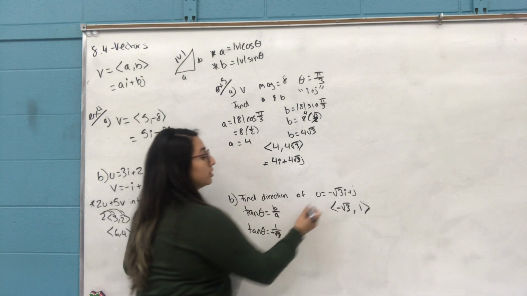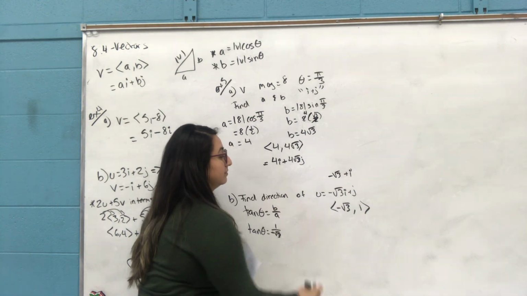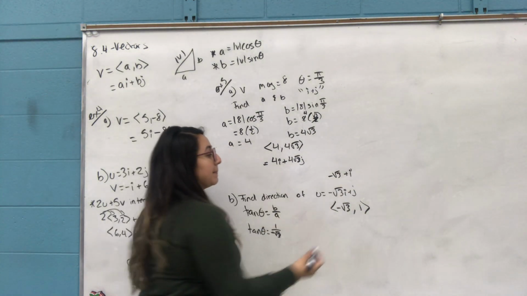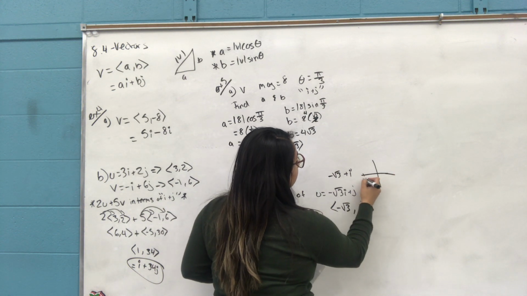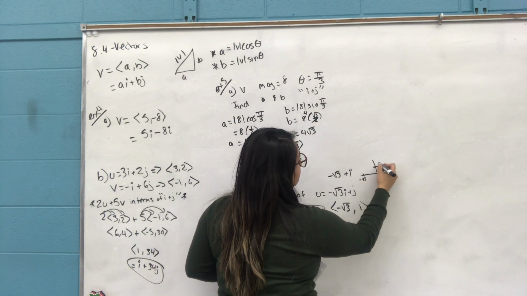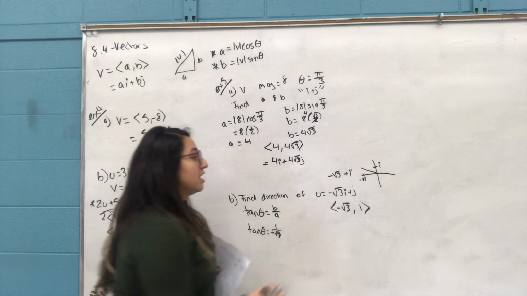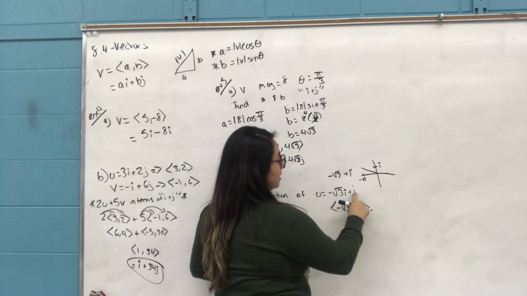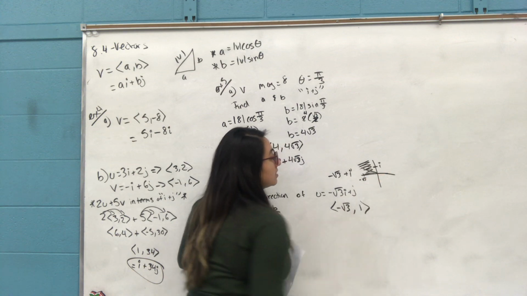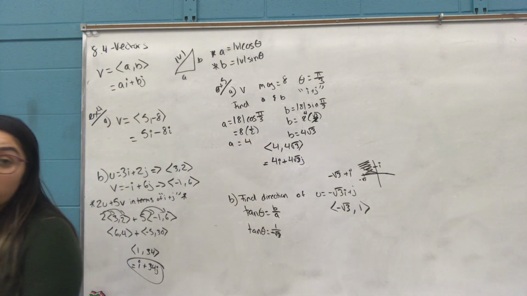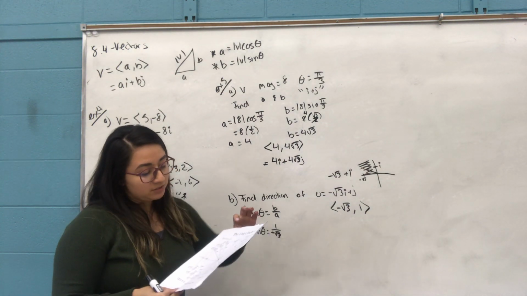If we think of it as polar coordinates, so let's think of it as negative radical 3 plus i. So we'll put it in this type of format. We think of a polar coordinate like negative radical 3, and then positive i is up here. So we have this. This is in vector form, that's why the i is different. But if we were to graph it, real number and then the imaginary number, this will be considered in the second quadrant. So now we're looking for a degree in the second quadrant that equals 1 over negative radical 3.